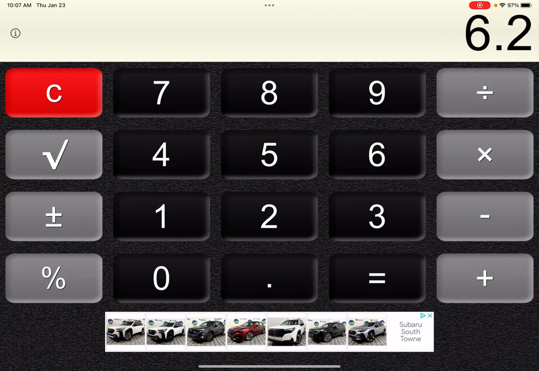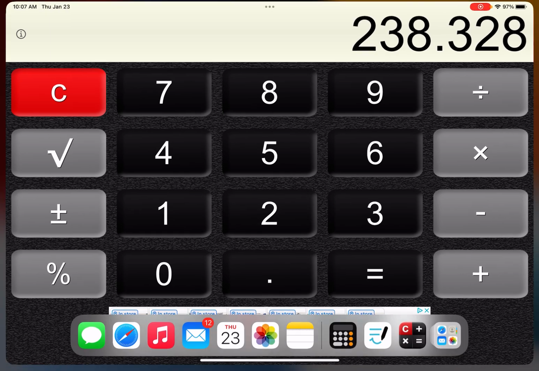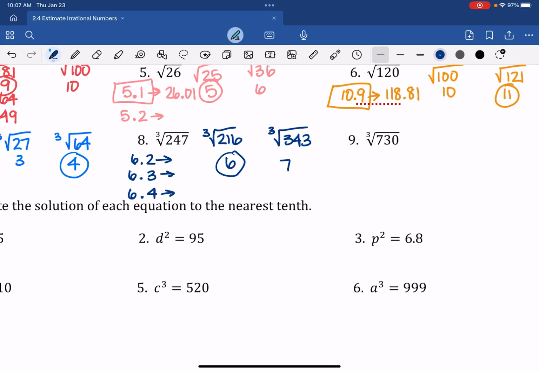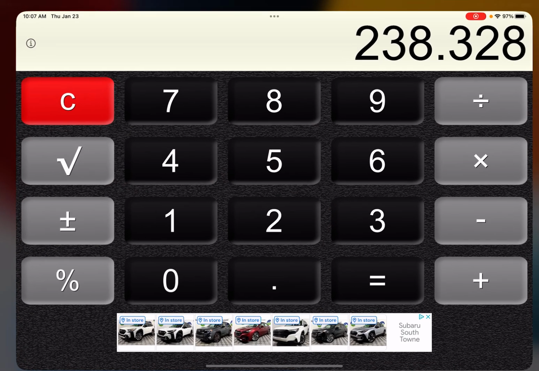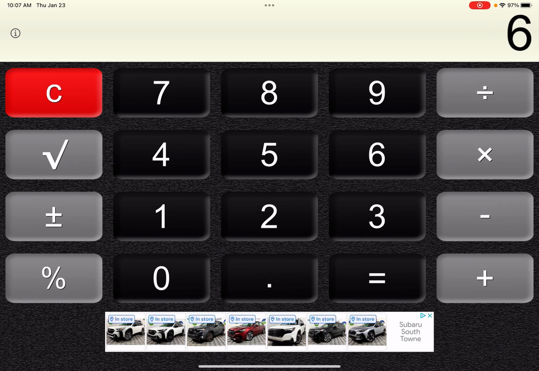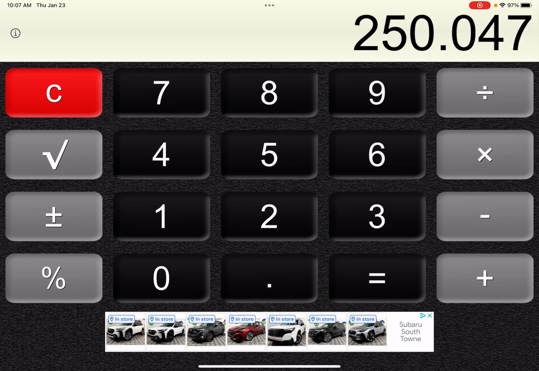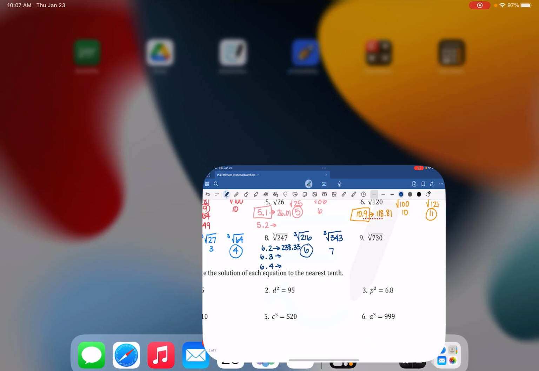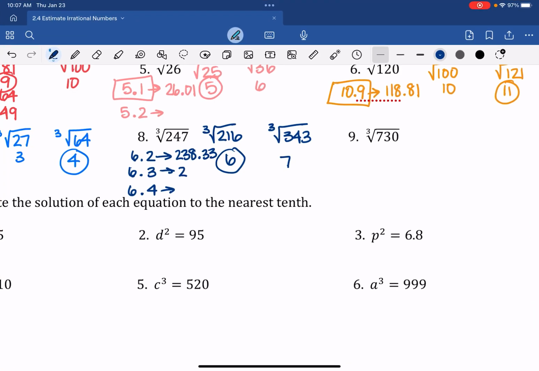So 6.2 times 6.2 times 6.2, 238.33. Okay, let's try 6.3. 250, almost exactly. Okay, and that is pretty close. We want 247, so I'm going to go with 6.3 and not even worry about trying the next one.